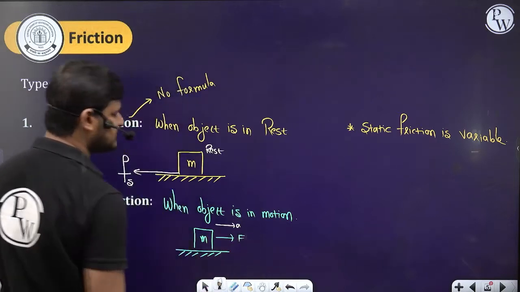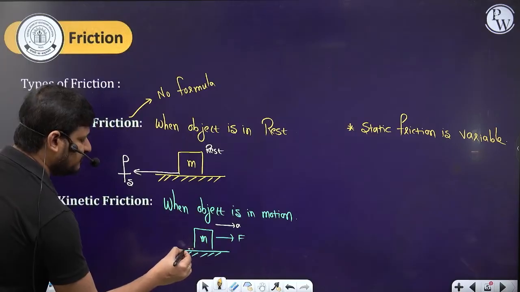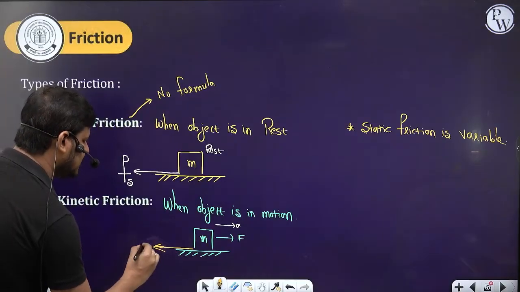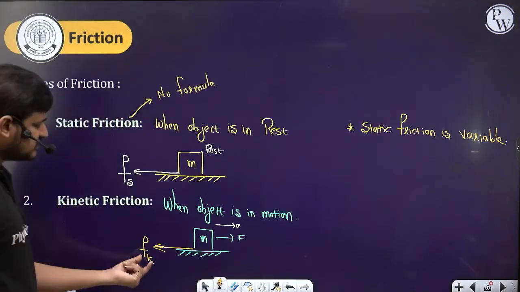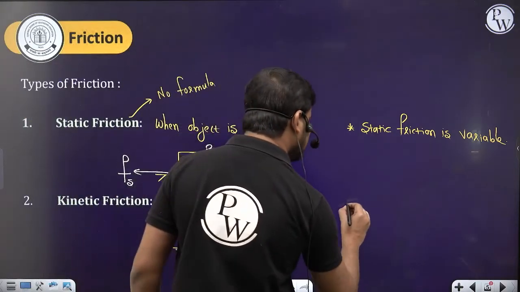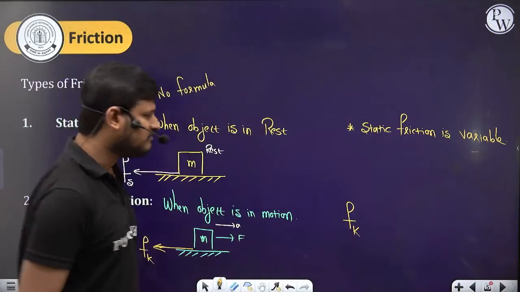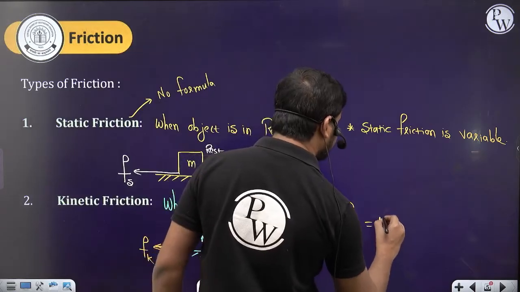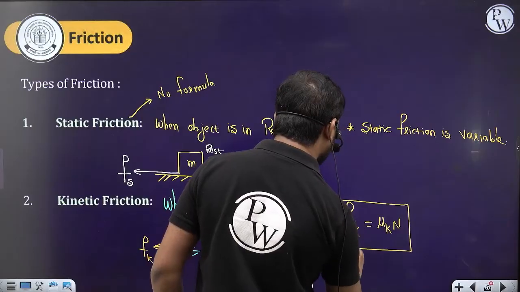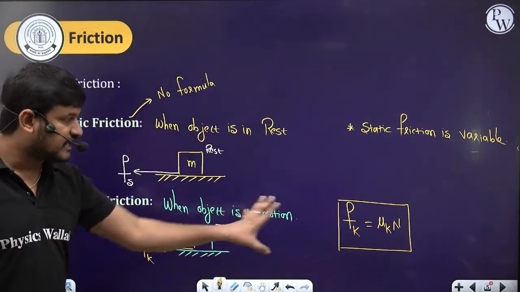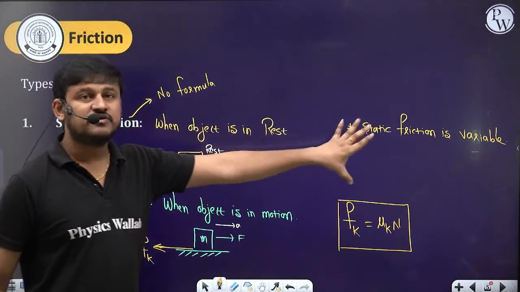As the body moves towards the right, the friction force that acts to the left is kinetic friction, which we call Fk. The kinetic friction will have the formula, which is mu k into n. This is the direct formula. But for the static friction, there is no direct formula. Its value is variable.